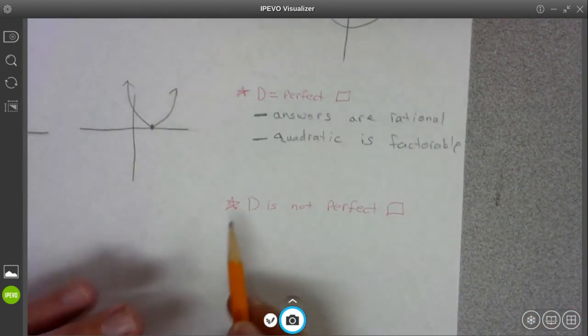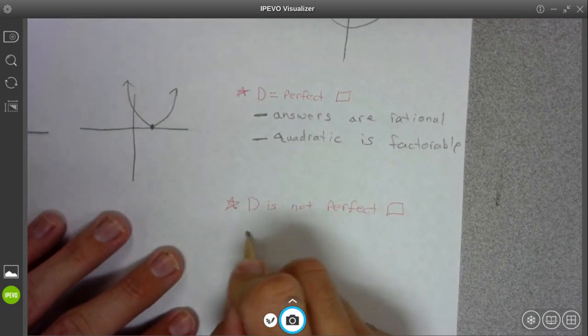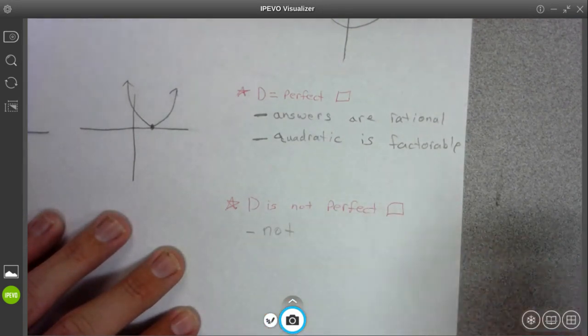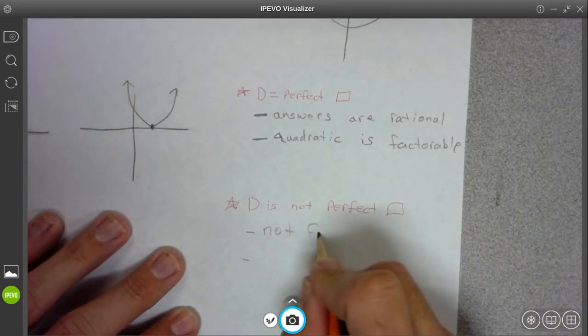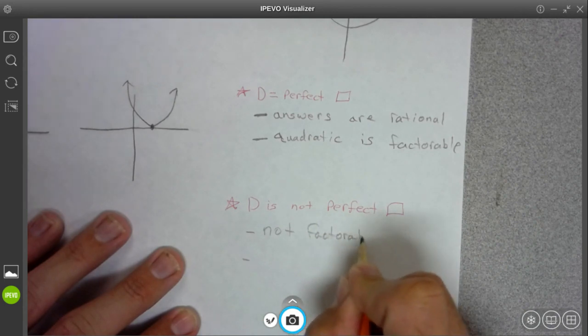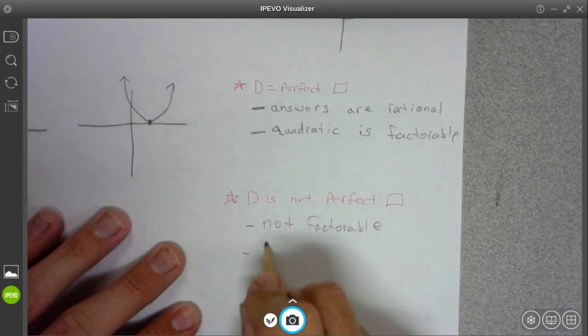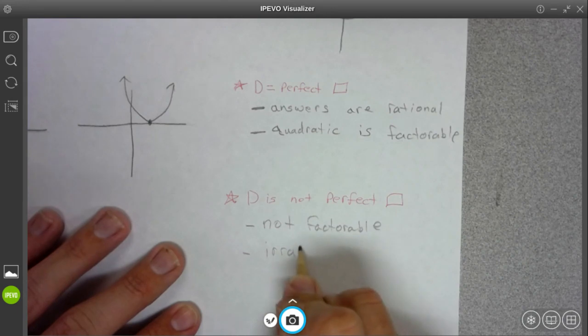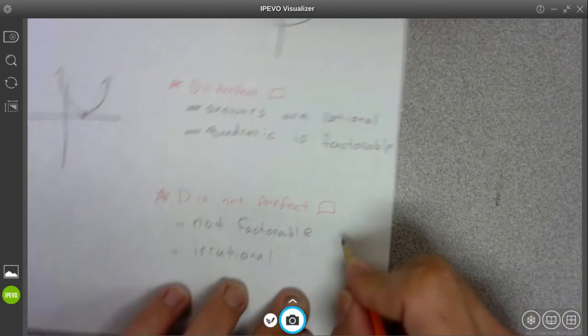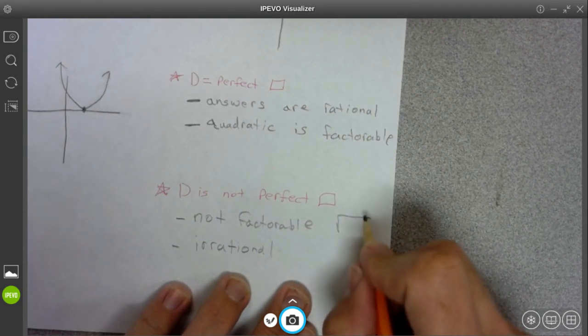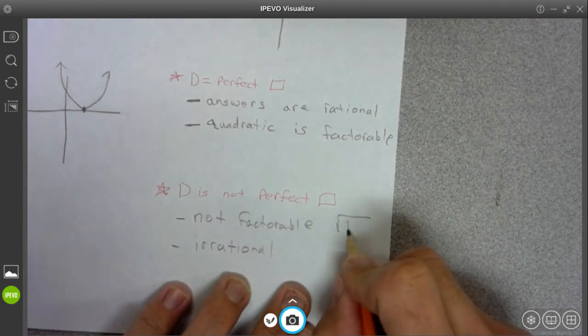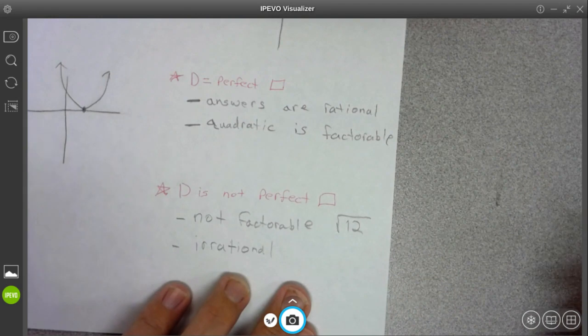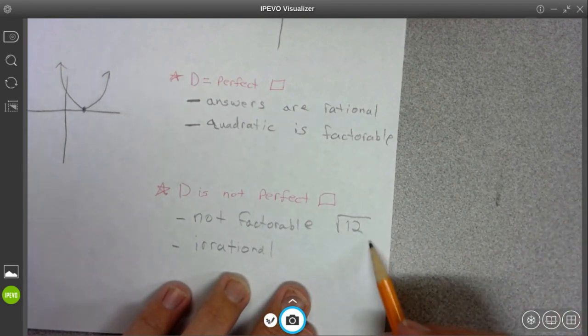And the other case is, if it's not a perfect square, then the answers are irrational, and it is not factorable. Okay, so they're still real numbers. They're real, but they might be irrational. So let's say your discriminant was 12, and the answer involves the square root of 12. Well, 12 is not a perfect square.